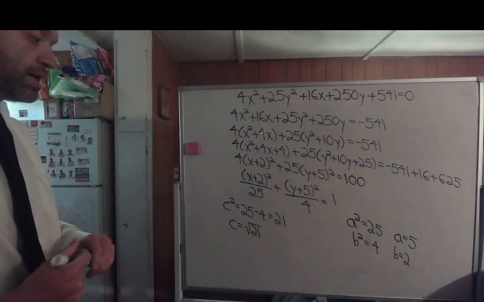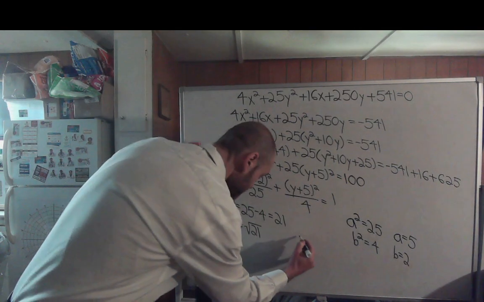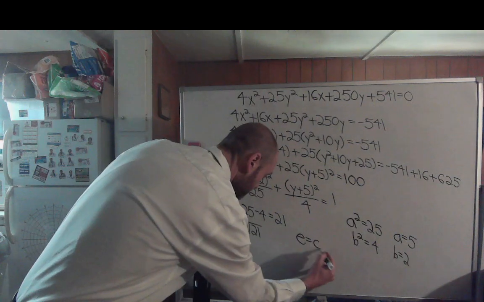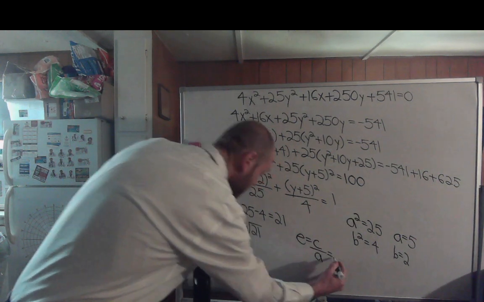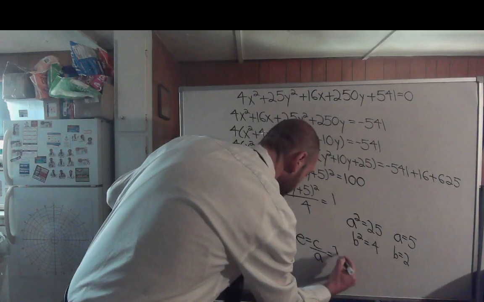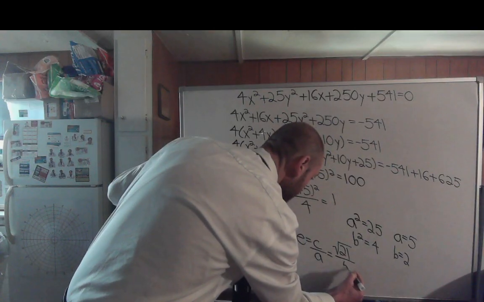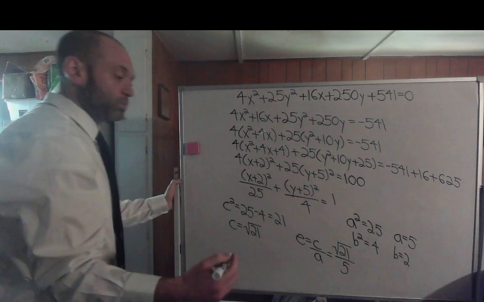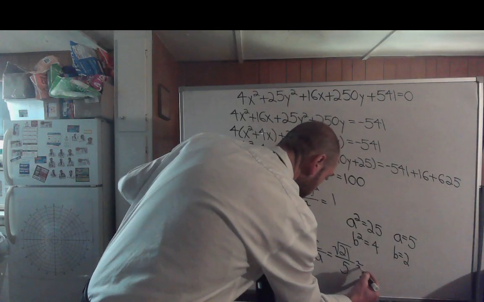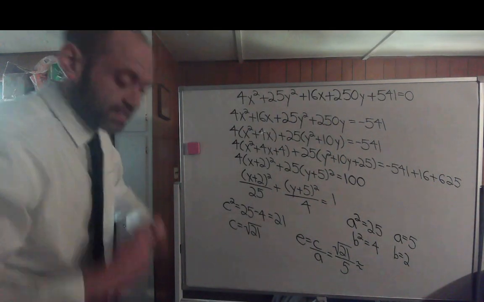So now let's find the eccentricity. That's always c divided by a. Well, c has the square root of 21 as the value. A is 5, which this will definitely be less than 1, but let's get a decimal approximation for this eccentricity.